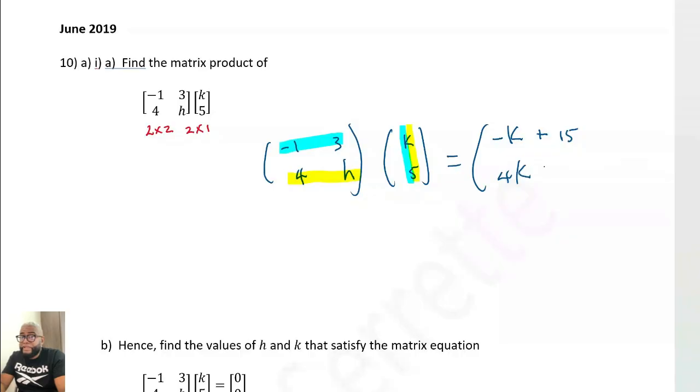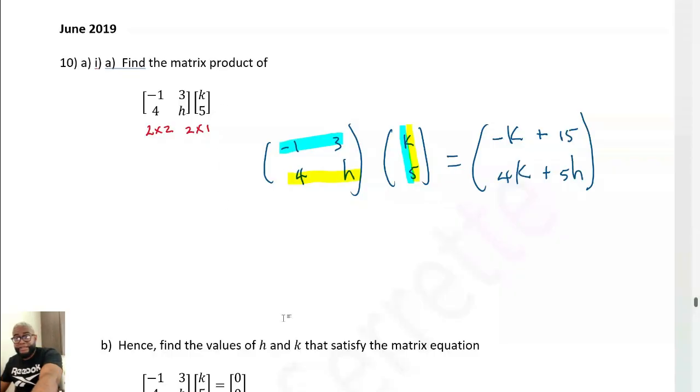Then h by 5 will give me 5h. Could we add or subtract anything here? Could I add or subtract unlike terms? These are unlike terms. This is 4k and this is 5h. Can we add these things? No, we cannot. So that's the answer there. You can't do anything else there.